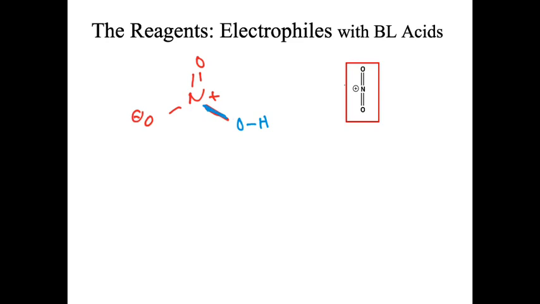Might not be. What structure did I just show? As a hint, it starts with H. You know where the answer is. HNO3 is a strong acid. Okay? It wants to ditch this hydrogen.